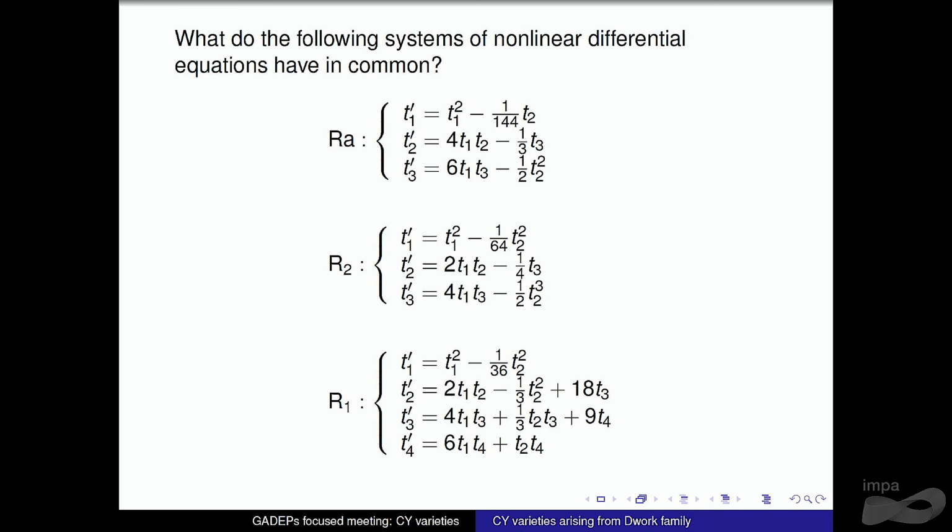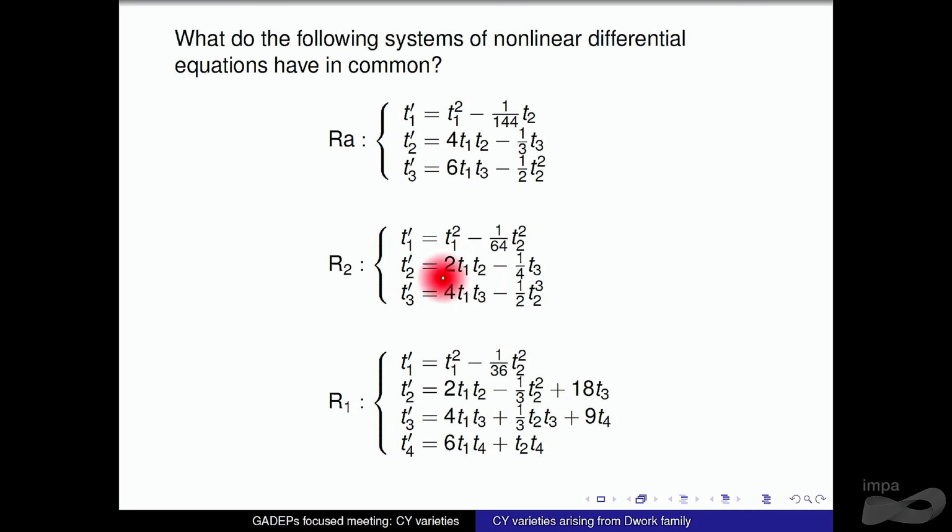What we can see first is the form in which we are writing the equations. If we look at all these three systems, we find that we have T1 squared, T1 squared, and T1 squared in all of them. And then in the rest of the equations of any system, we have T1 multiplying the same variable that we have here.